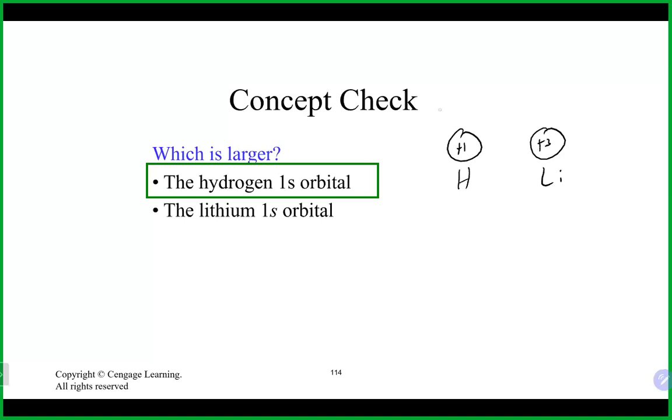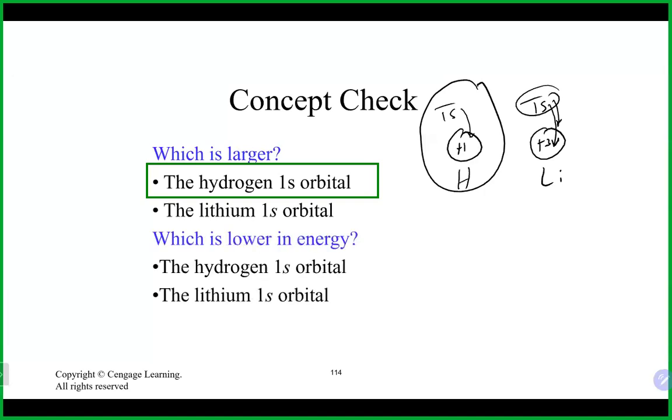So if we look at our 1s orbital, that is a +1 attraction, and that is a +3 attraction, a larger positive attraction. It's going to pull this 1s orbital closer than the same 1s orbital over there. And because the hydrogen doesn't get pulled as close, it will be a larger 1s orbital, because it'll be further away from the nucleus. Any questions on that one there?